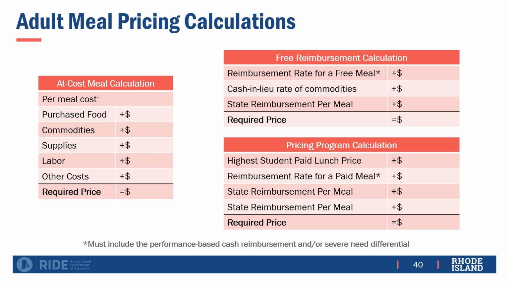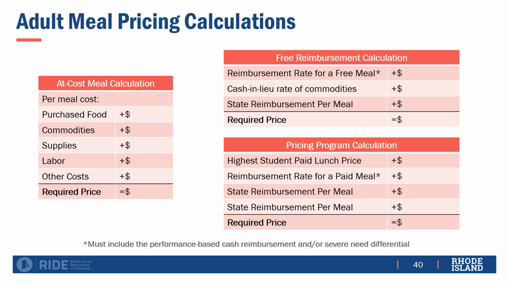In this method, actual cost information for each component included in the production of an adult meal is used to determine the minimum price that must be charged to fully recover costs. When cost data is not available, the SFA may use the formulas described in FNS Instruction 782-5 and shown on the right-hand side of this slide to calculate the adult meal price requirement.